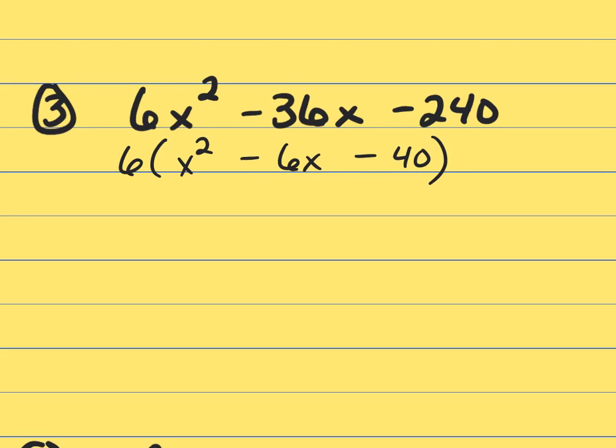Now, my A value is that invisible 1 there. Because my A value is 1, we can factor this into two binomials. So what numbers multiply to give me negative 40, but when I combine them, I get negative 6? Negative 10 and 4.